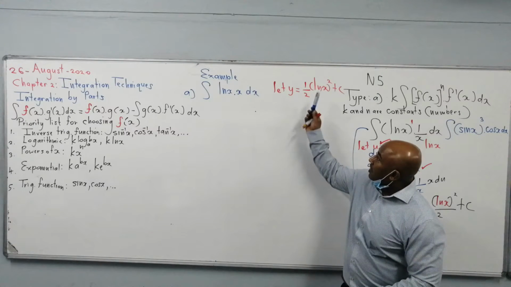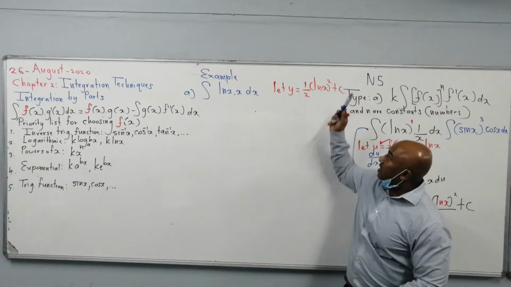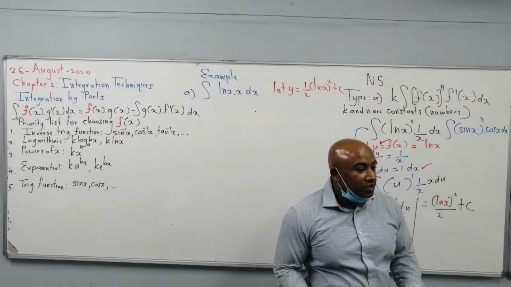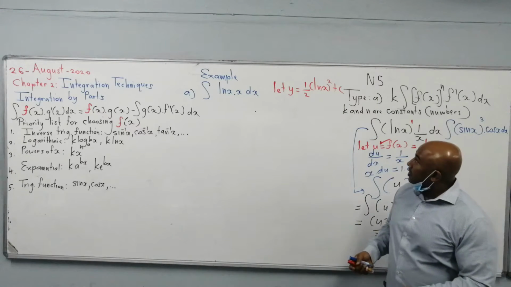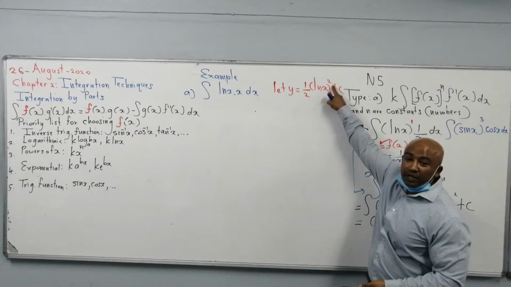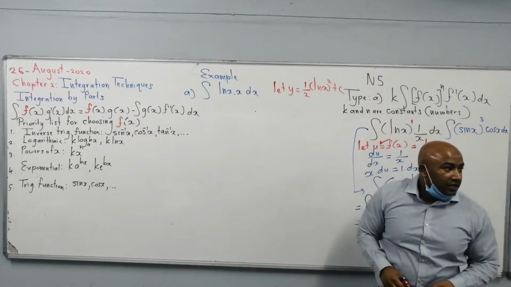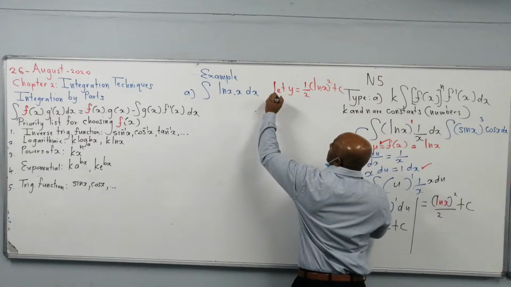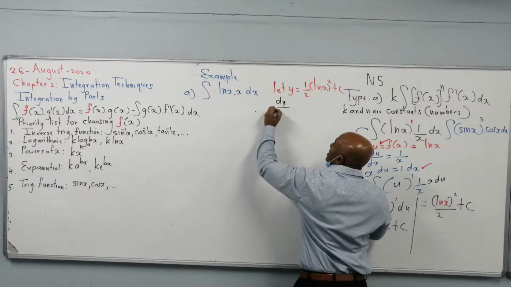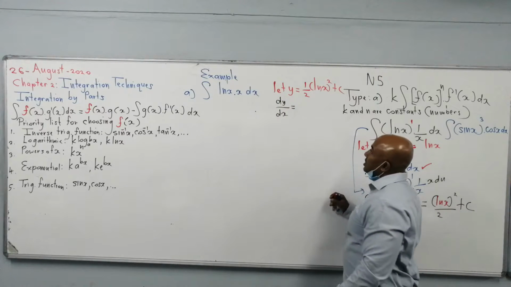So, let's differentiate this, 1 over 2 (ln x) all squared. What rule do we need to remember from our N5 work? In order to differentiate when we have a power, it's going to be chain rule. If you have a power, it's going to be chain rule. So, if I go dy over dx, how does the chain rule work?